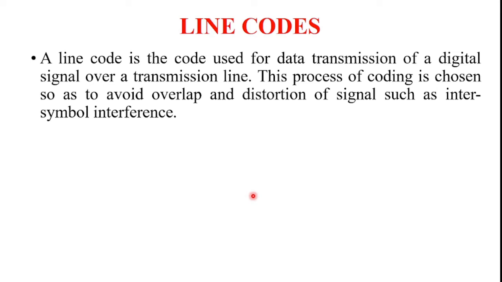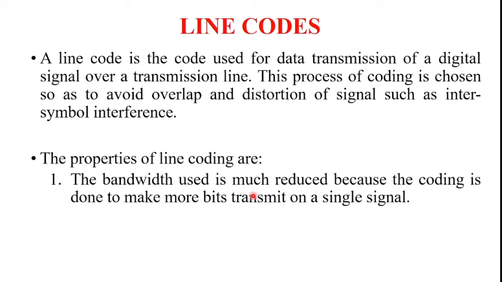In a digital communication system, there are some important properties of line codes. First, the bandwidth used is much reduced because the coding is done to make more bits transmit on a single signal. Second, for a given bandwidth, the power is efficiently used.